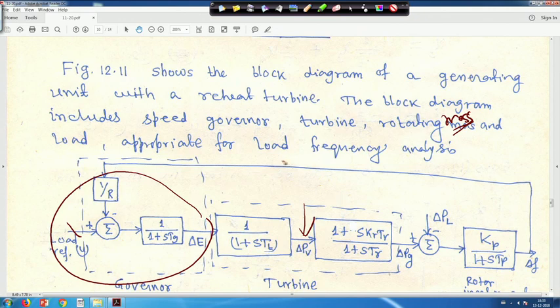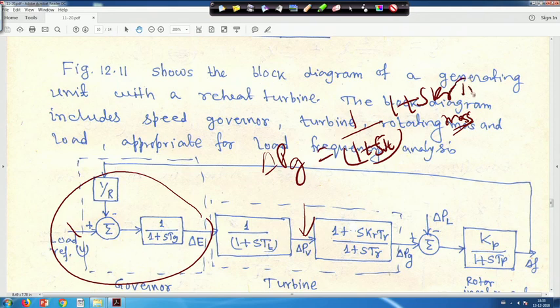We have seen that delta Pg is equal to 1 upon 1 plus sTT into 1 plus sKR TR divided by 1 plus sTR, into delta E. So we have to make it in state variable form. These two blocks are split, and in between, one state variable is taken, that is delta PV.